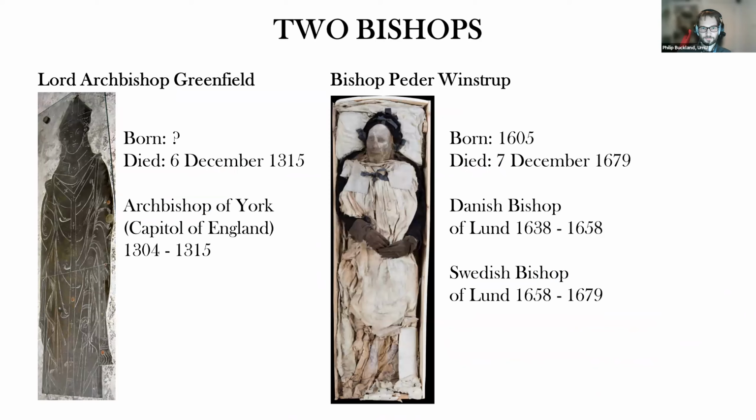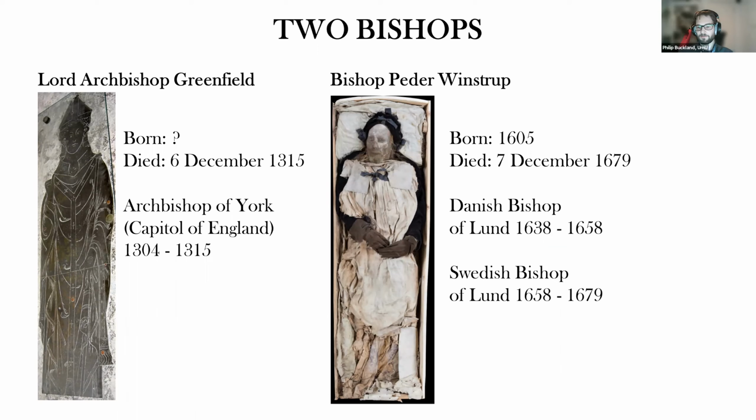So two bishops, similar functions, similar positions, about 300 years between them. We know a reasonable amount about some of them. We don't know when Bishop Greenfield was born, but we do know that he died in 1315 and that he was the Archbishop of York, which at that point was the capital of England, from 1304 to 1315.